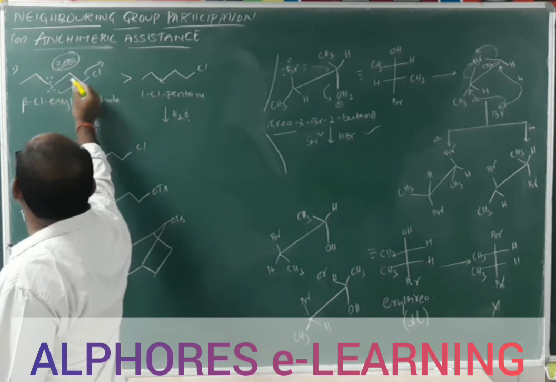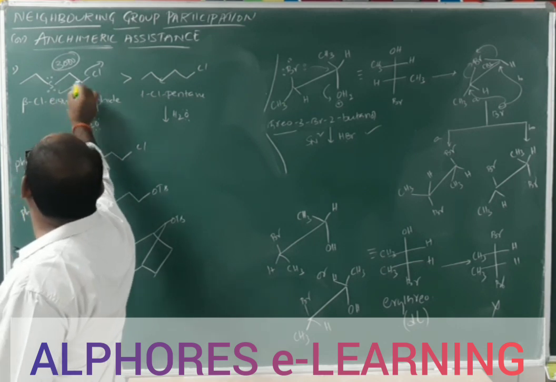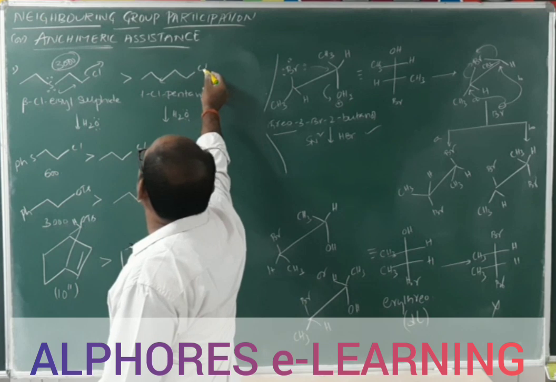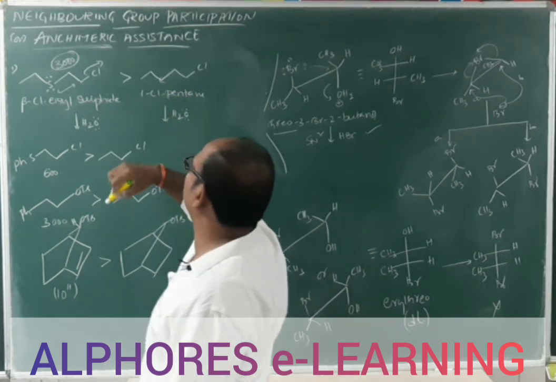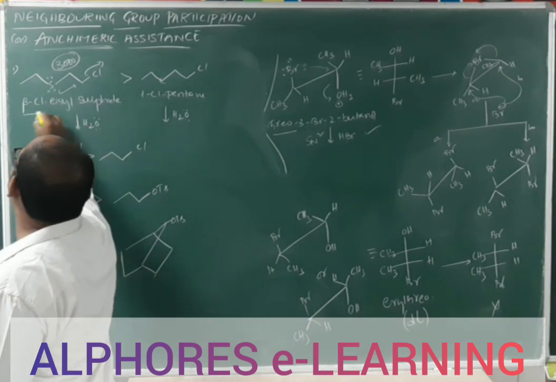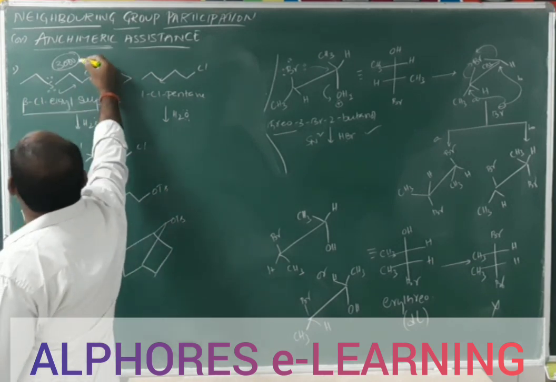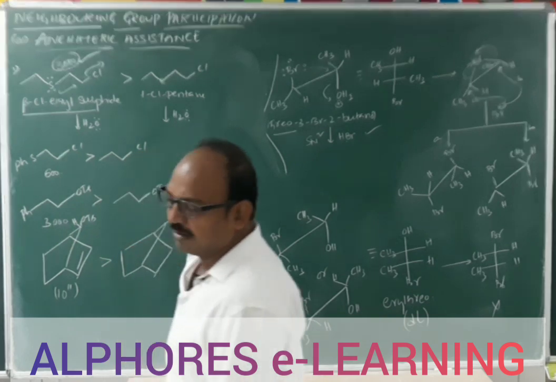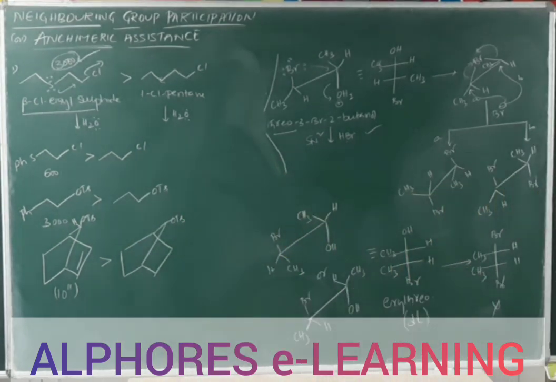Here, in between these two carbon atoms, you get a sulfur bridge, whereas in this case you are not supposed to get any sulfur bridge or carbon bridge. That means solvolysis of the first compound, beta chloroethyl sulfide, is 3000 times faster than that of 1-chloropentane.